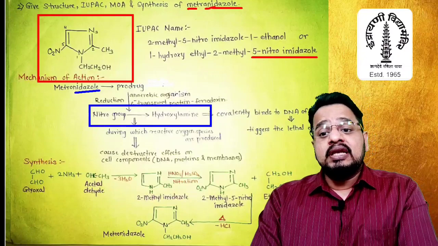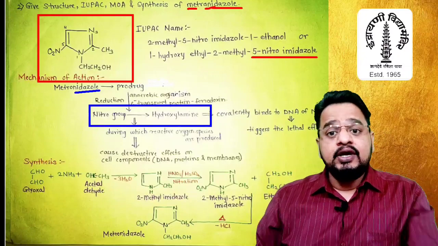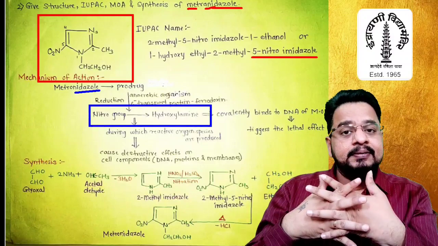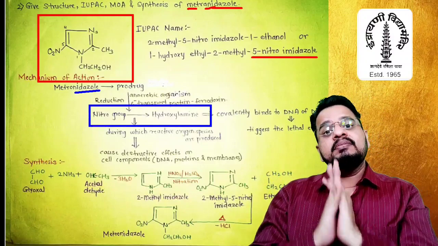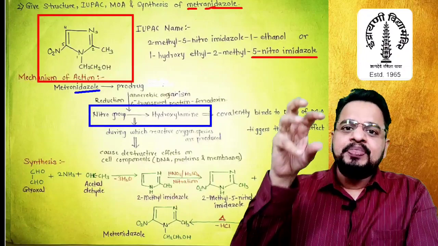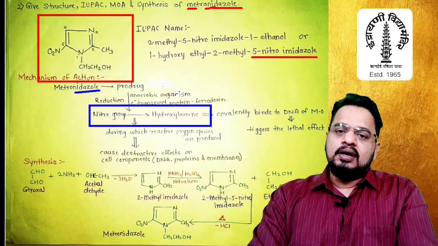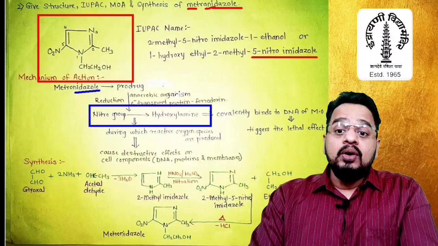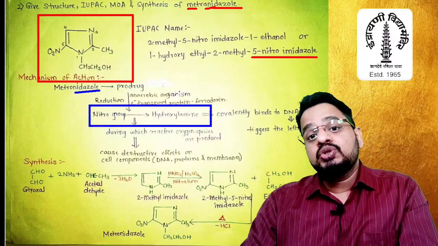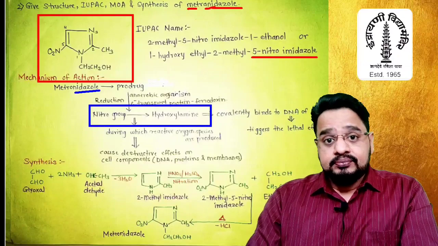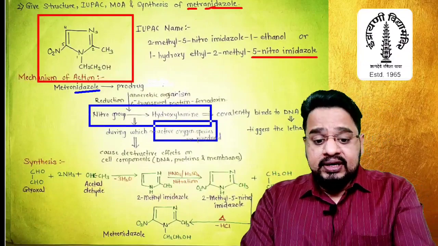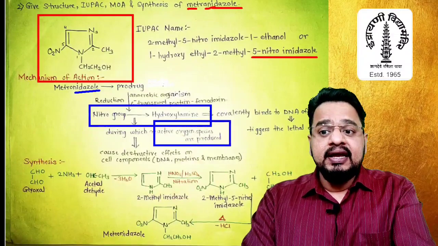Now this hydroxylamine will get covalently bound to the DNA, and as it is bound to the DNA of the microorganism, that is lethal to your protozoa. Similarly, when this nitro group is getting converted into hydroxylamine, during this particular process there is the release of reactive oxygen.